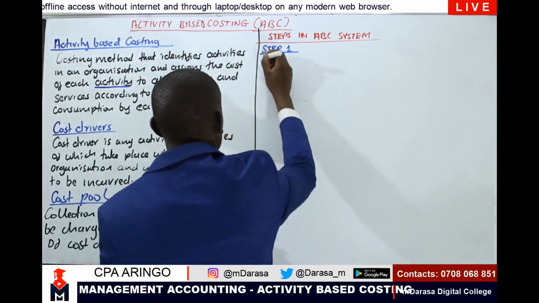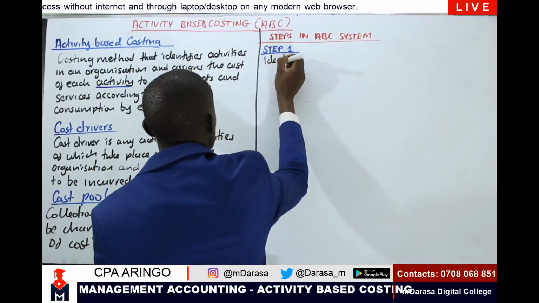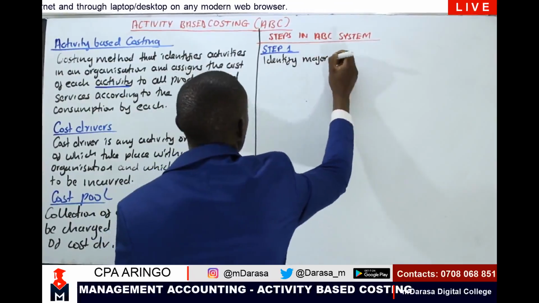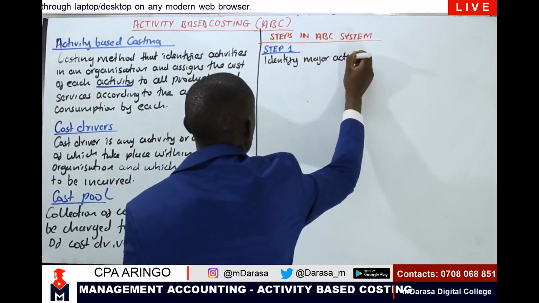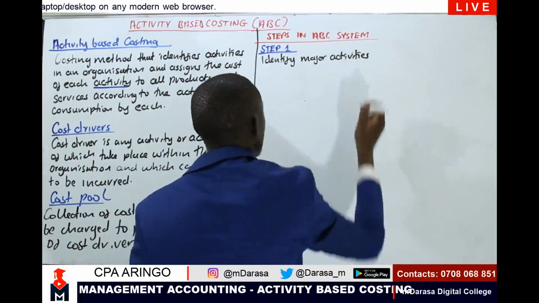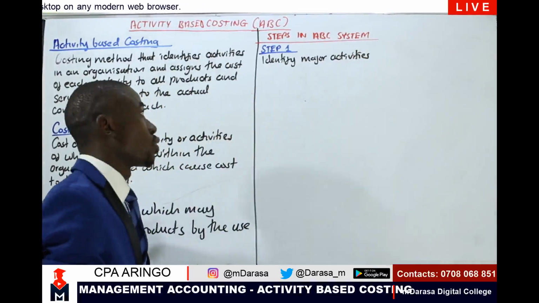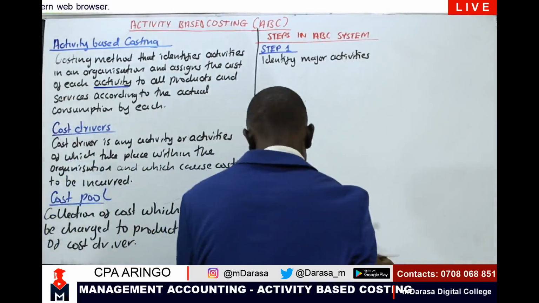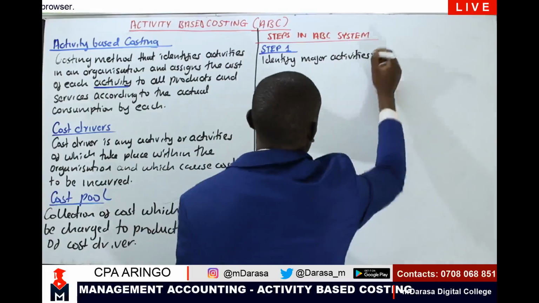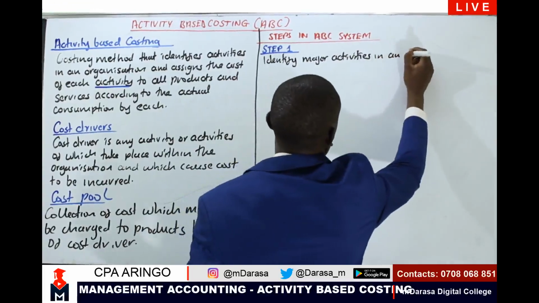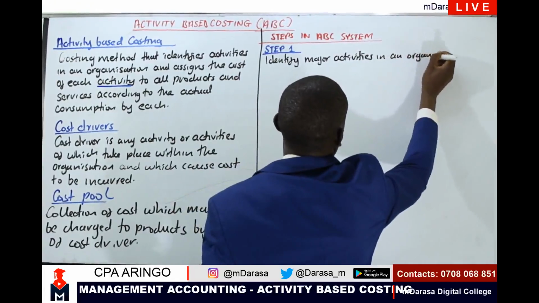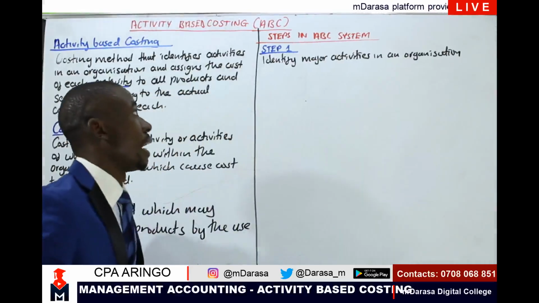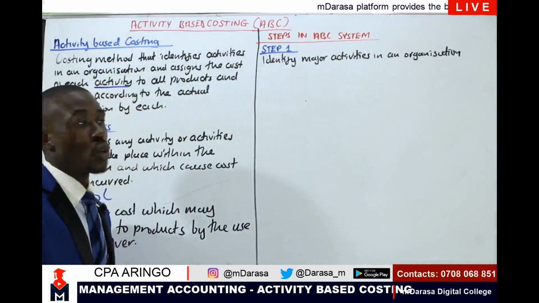Identify major activities in an organization. That should always be our step number one, identifying the major activities in the organization.